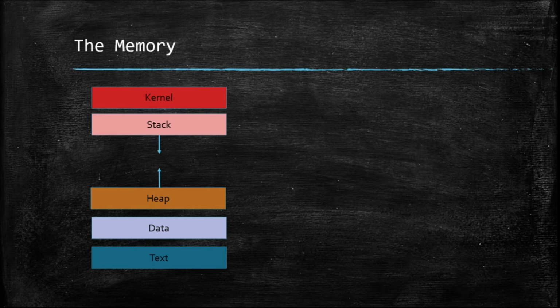If you don't understand it, just jot it down, just cram it somewhere in your head. I'm going to make it as straightforward and as easy as possible, but this is just the initial part you need to grasp first. Okay, there's the kernel at the top, there's the stack, there is the heap, there is the data, and there is the text.